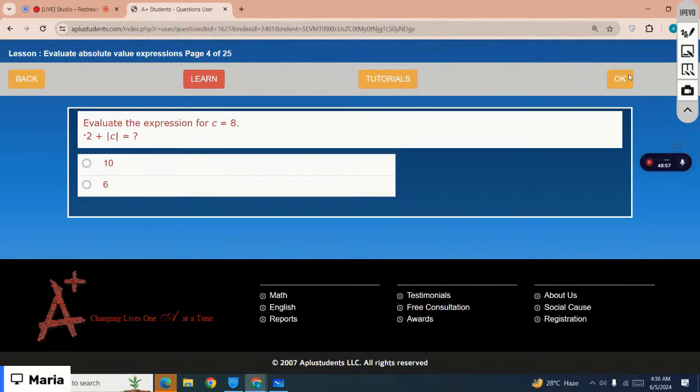Evaluate the expression for c equals 8. So which is the correct option?